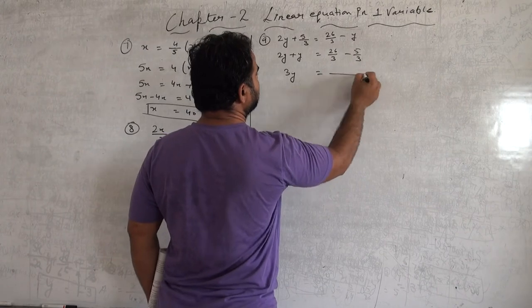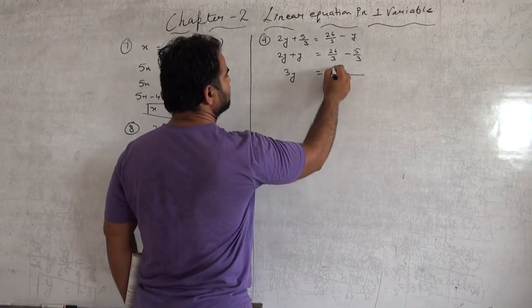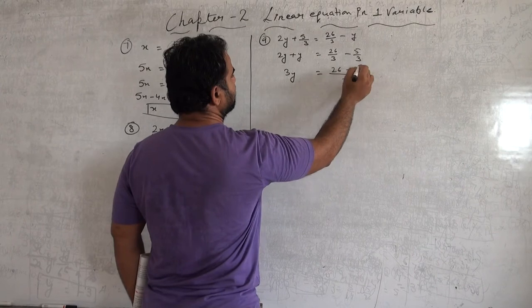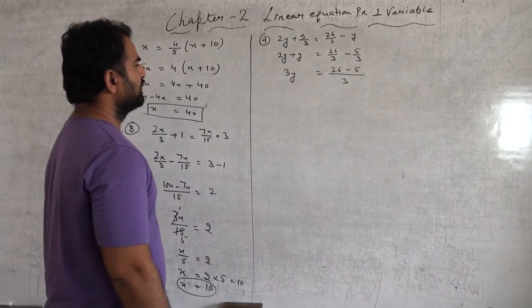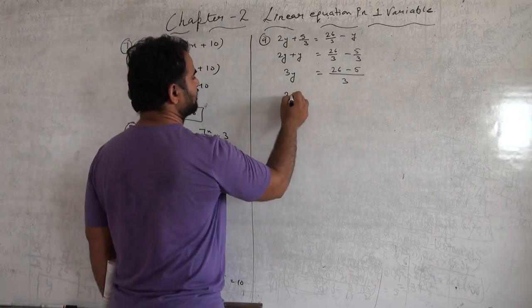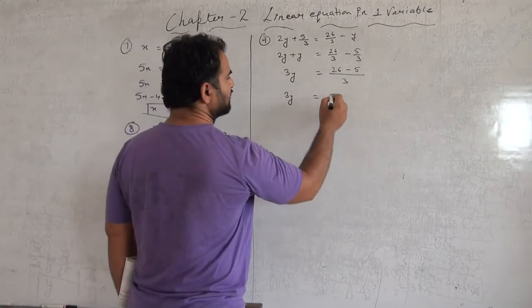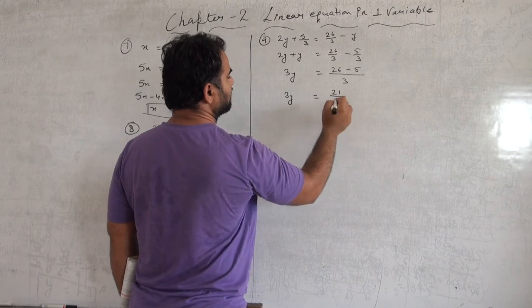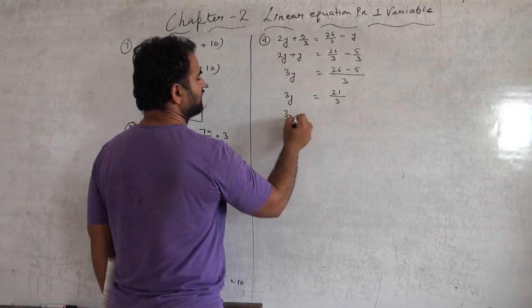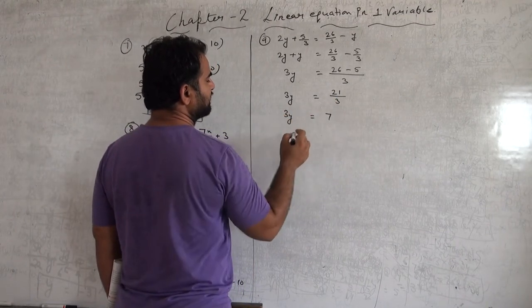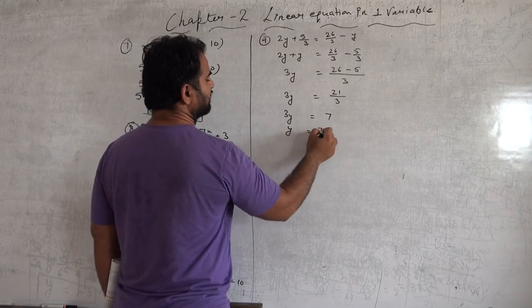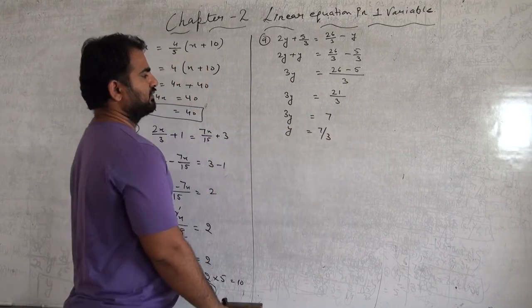So the LCM will be 3, it will be 26 minus 5. Okay, so 3y equals 26 minus 5, which is 21, upon 3. 3y equals 21 upon 3, which is 7. So y equals 7 upon 3.